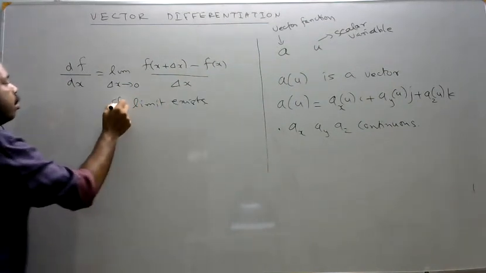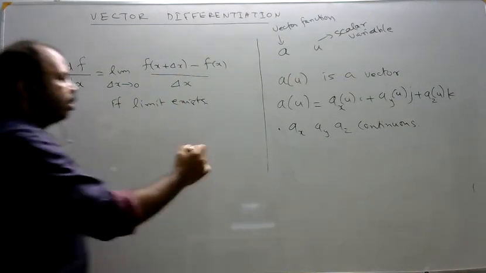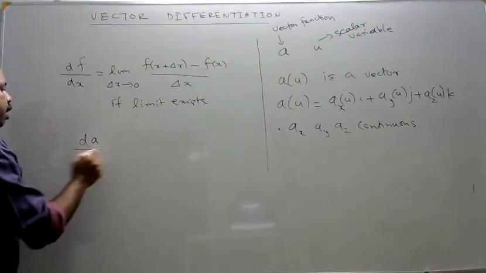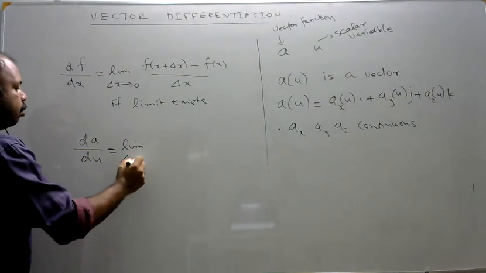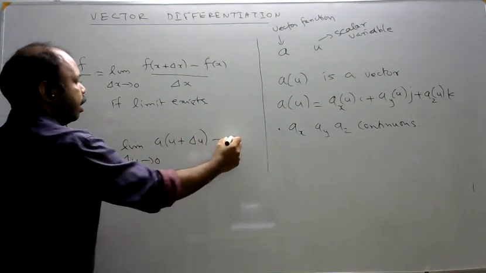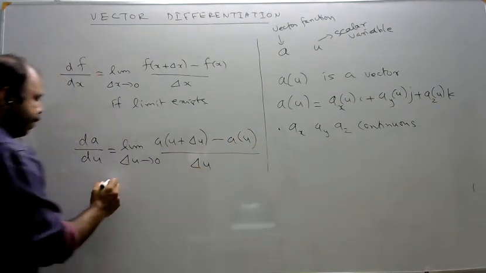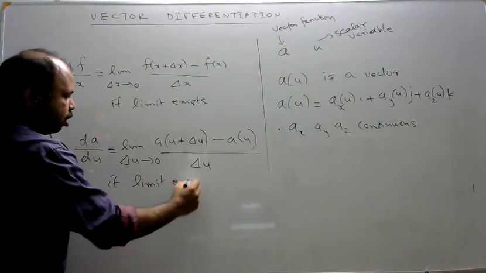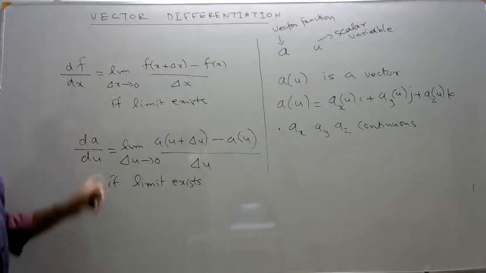We use the same definition here. We define dA by du as limit delta u tending to 0, A of u plus delta u minus A of u divided by delta u, provided the limit exists. So this is the derivative of vector valued functions.